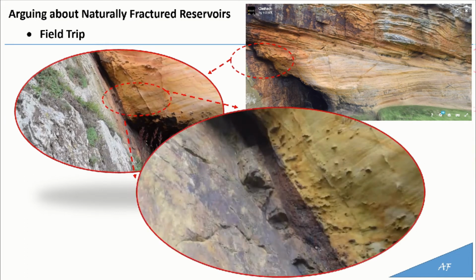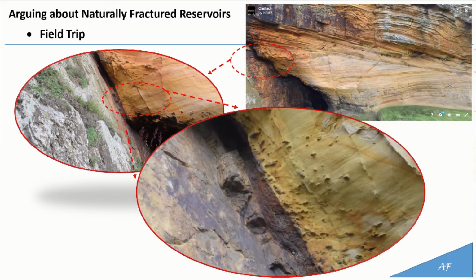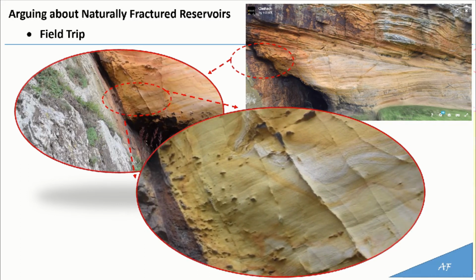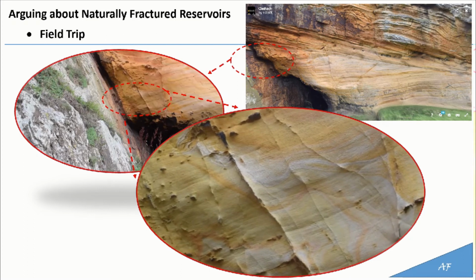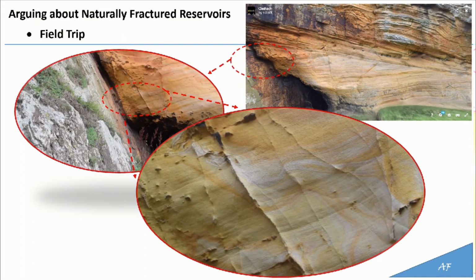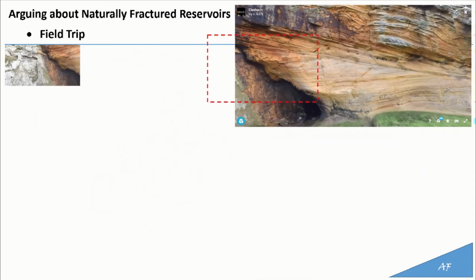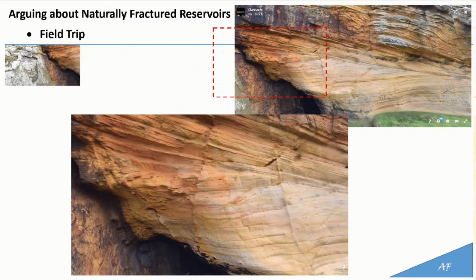But just moving away from the core zone, we can recognize the presence of high fracture intensity and deformation bands. Then, moving away from the fault plane, a high fracture intensity can be observed.